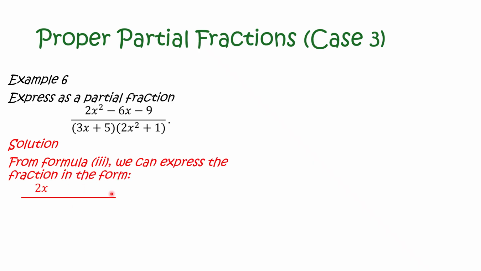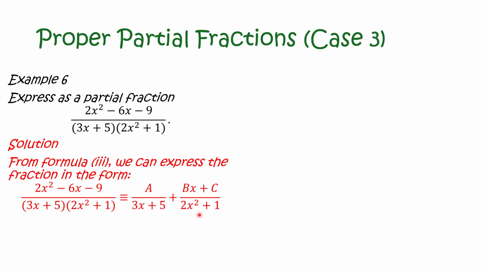For the solution, from formula 3, we can express this fraction in the form that on our left hand side, which was from the question itself, being equivalent to capital letter A over 3x plus 5 plus (bx plus c) all over 2x squared plus 1.